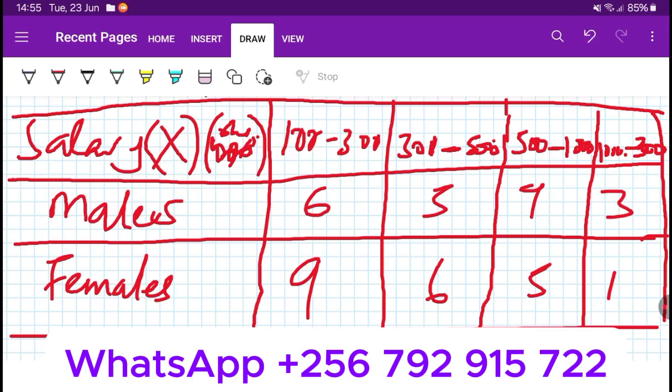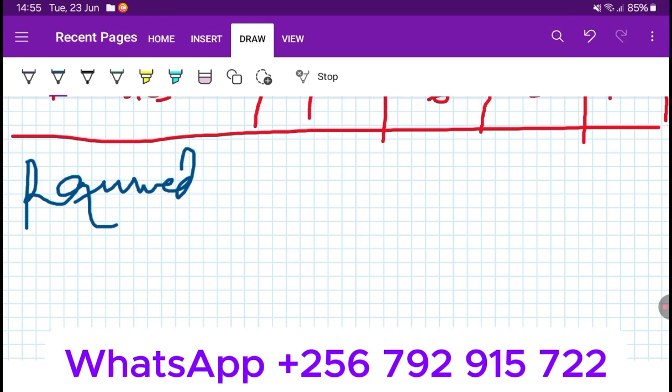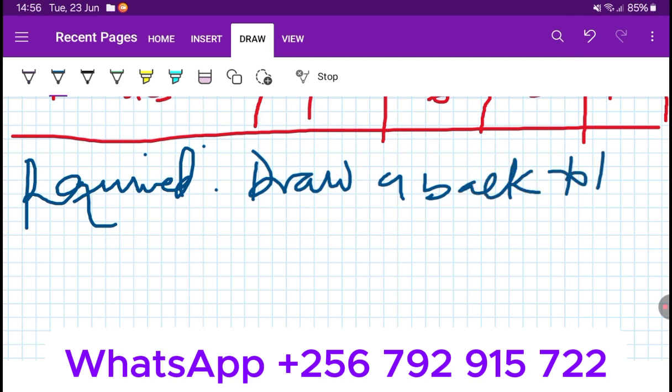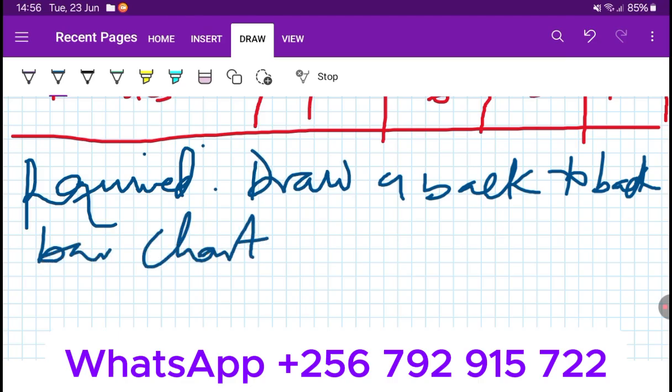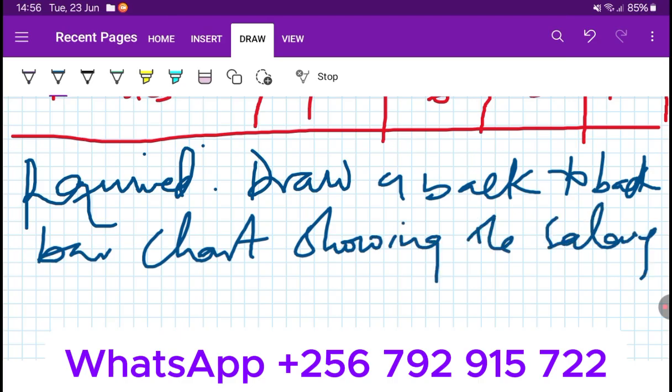Then let's have the required. Required is for us to draw a back-to-back bar chart showing the salary earnings.